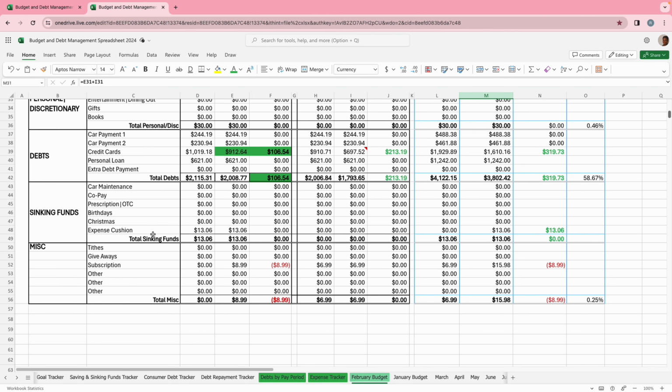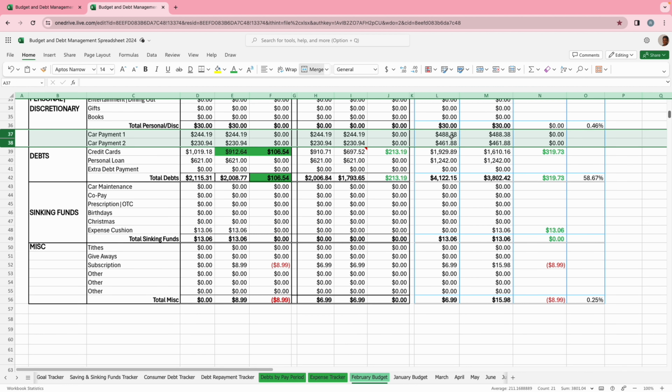Moving on to the debt category of my budget, we budgeted $4,122.15, and I actually spent $3,802.42. Let's walk through each line item. Both cars came in on target using the split pay method.